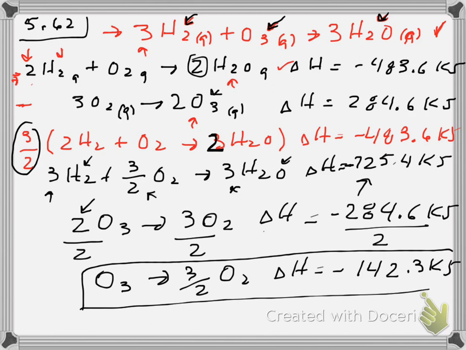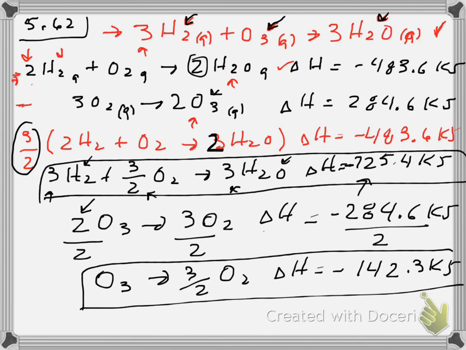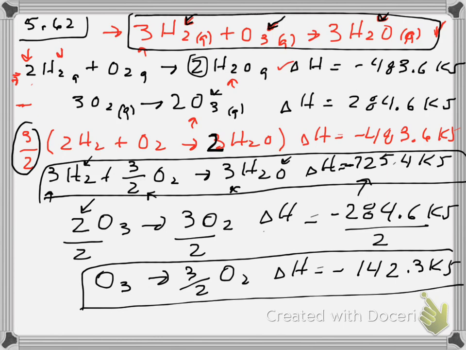Okay, so now I've got an equation here, kind of a mess, and then another one up here that I can combine, and I can add these up, and everything's going to cancel to give me the equation that I'm looking for up here. Okay, so now I'm going to switch pages and get that started.